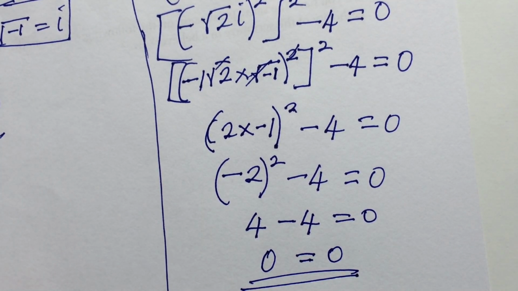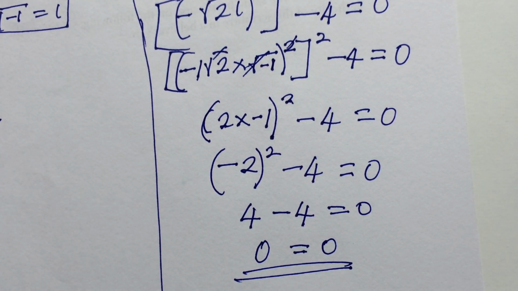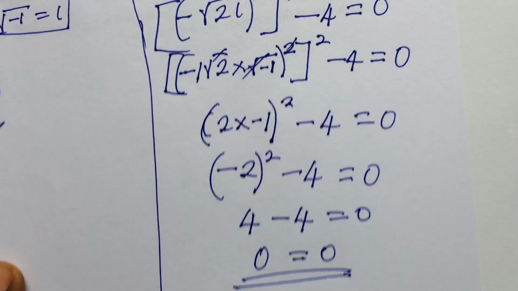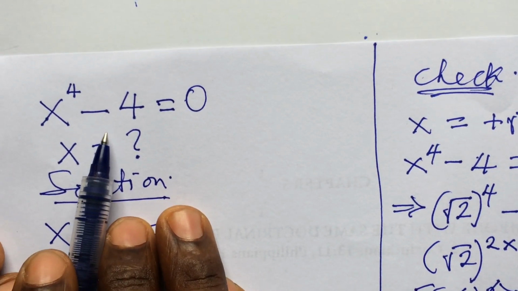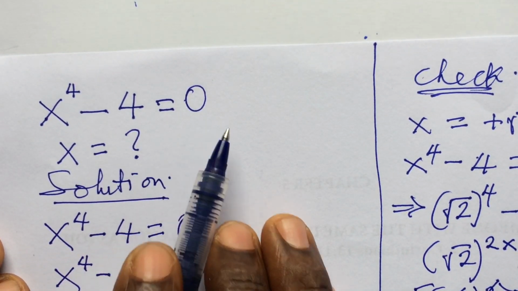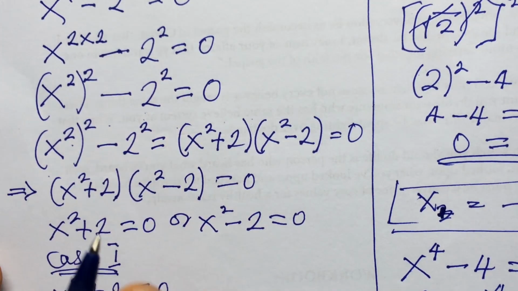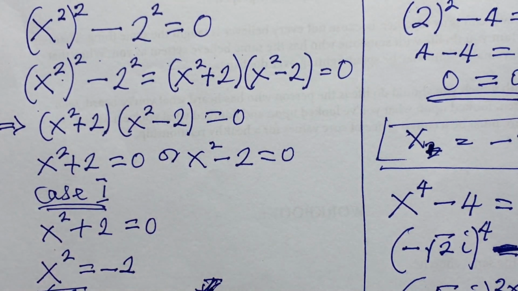So you now discover that the first positive real number satisfies the equation, and also the negative imaginary number satisfies our equation, which is x to the power of 4 minus 4 equal to 0. This is an indication too that the rest of the values of our answers will also satisfy the equation.